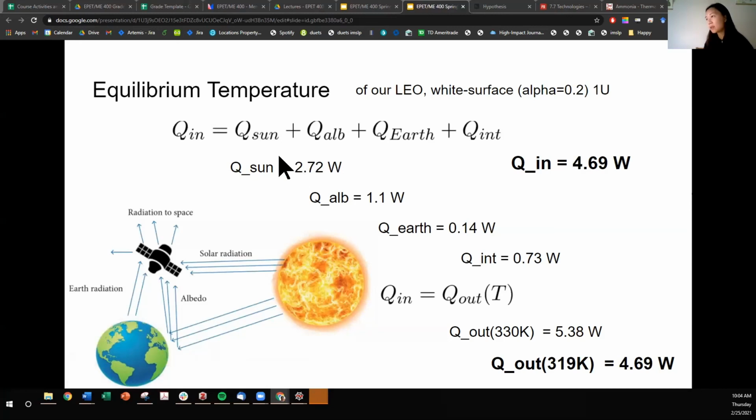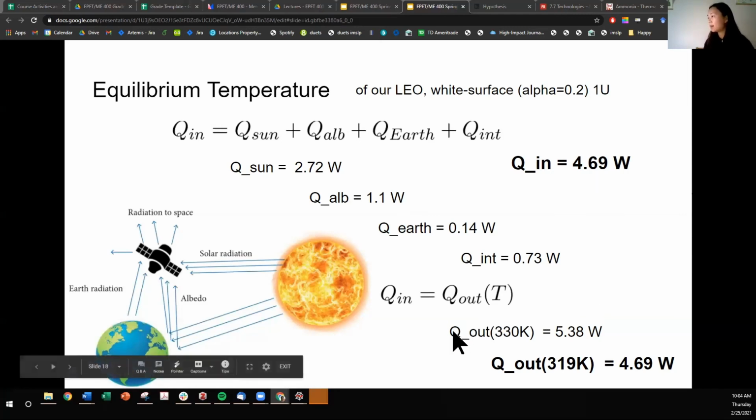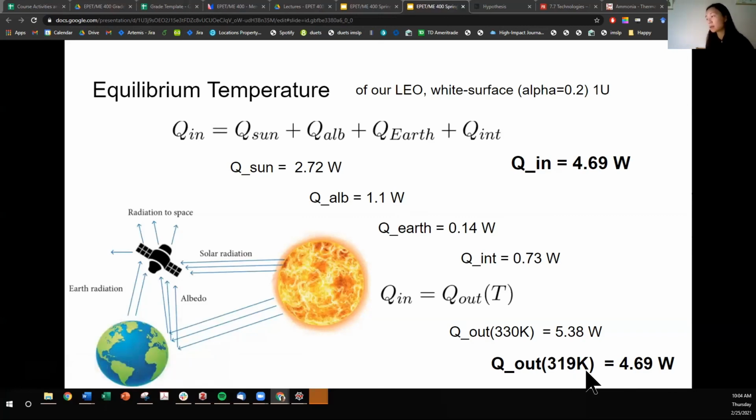In that case, you could scale all of these values down. Q earth, Q albedo, and Q sun are about all halved, and the amount of heat going into your spacecraft is about 4.7. And the equilibrium temperature, where Q in is equal to Q out, is about 319 Kelvin. So that's getting to a more comfy range for the spacecraft.